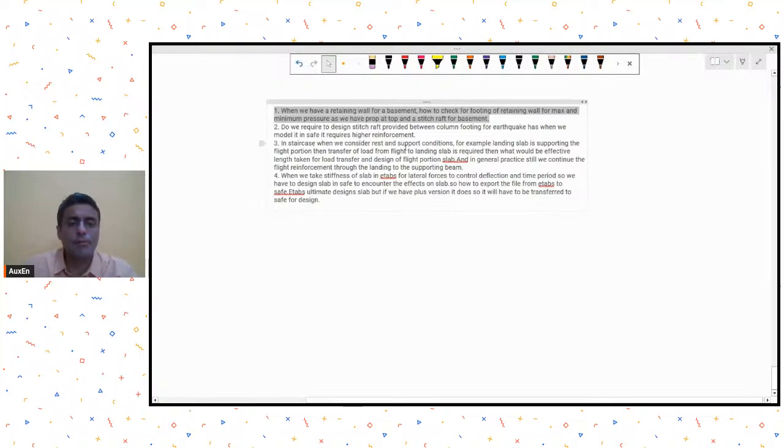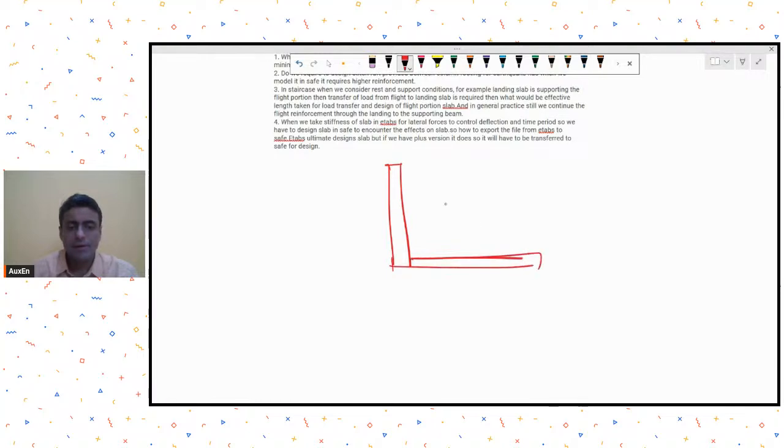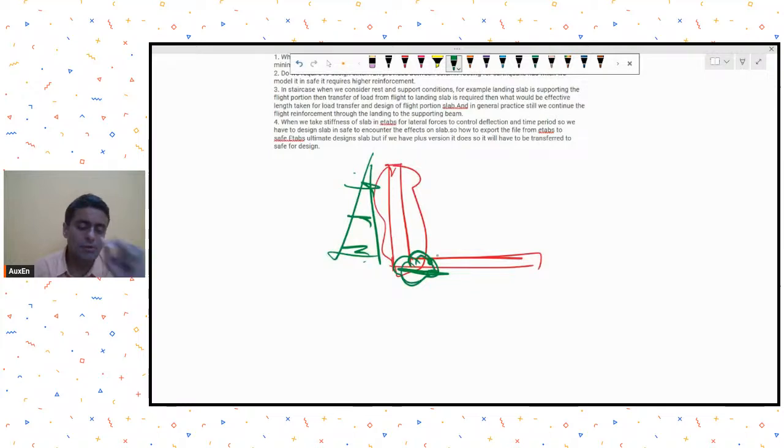As we have a prop at top and a stitch raft for basement. I'm not sure what stitch raft means. When we have a retaining wall for basement, how to check the footing of the retaining wall? I mean, the principle remains the same. When you have a retaining wall, this is your basement slab. Whatever triangular forces you have applied will lead to some pressure or some overturning moment for which you have to ensure the pressure is satisfied.